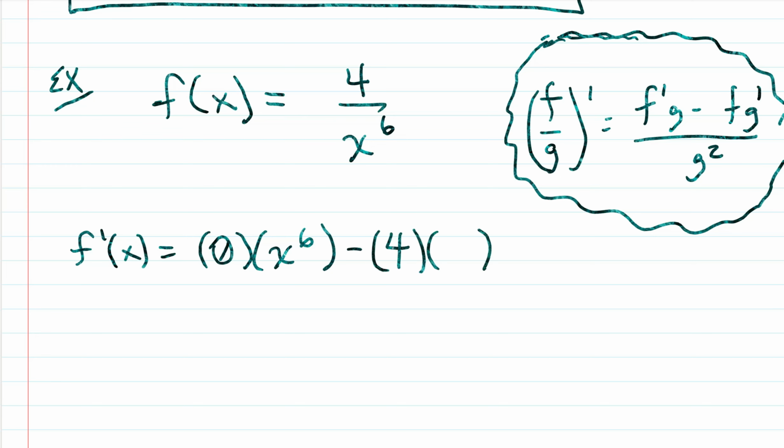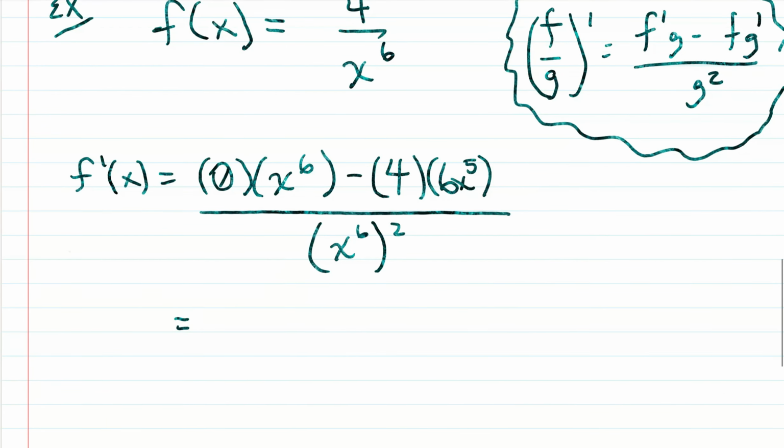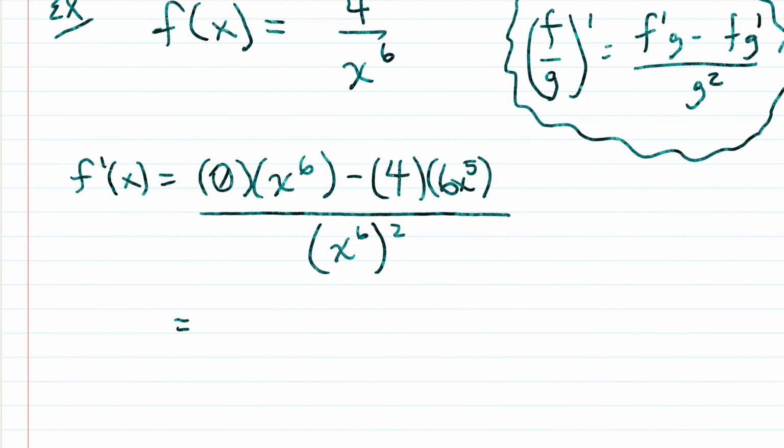And then g prime says to take the derivative of the denominator. So taking the derivative of x to the 6th power, not too bad, just use that power rule we've learned already. So that's 6x to the 5th power. And then the quotient rule says to draw your line and square whatever your denominator is. And we do that. All right, so we've just applied the quotient rule.